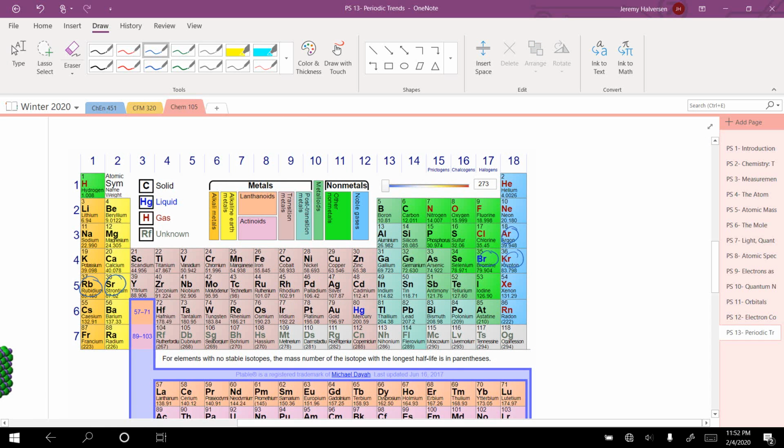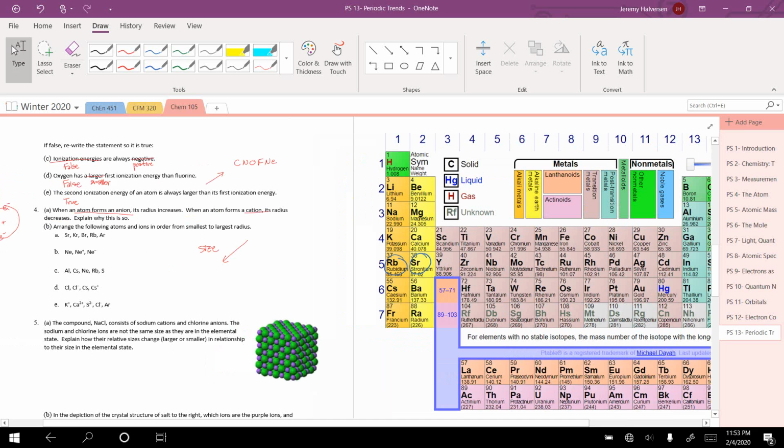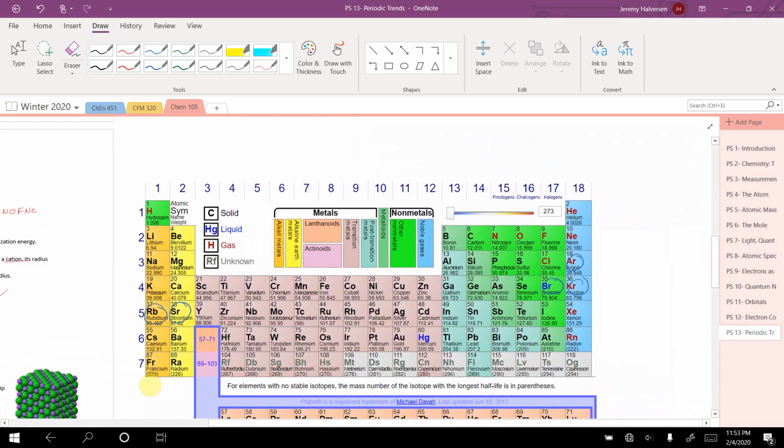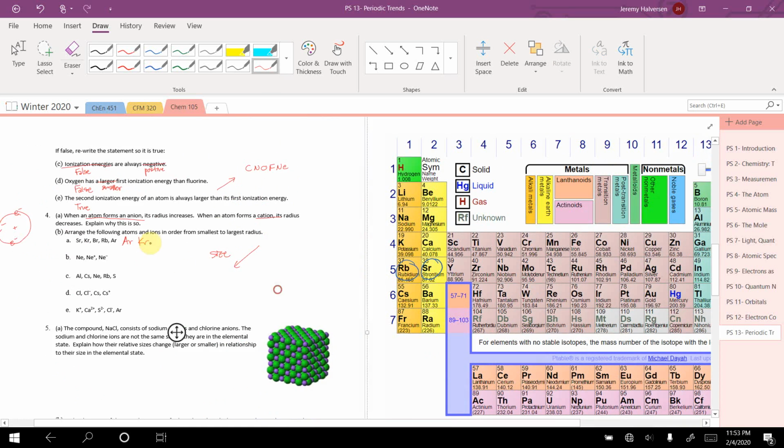Down and to the left. So the furthest down and to the left is going to be the biggest. We want to rank from smallest to largest. So we want to start at the top right. So that's going to be argon, and then krypton, and then bromine, followed by strontium, and then rubidium.